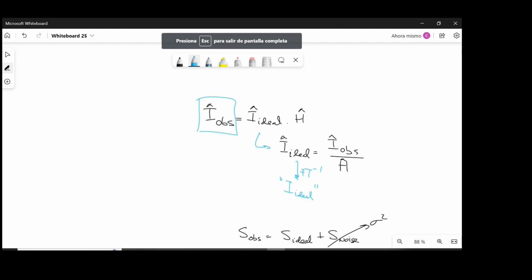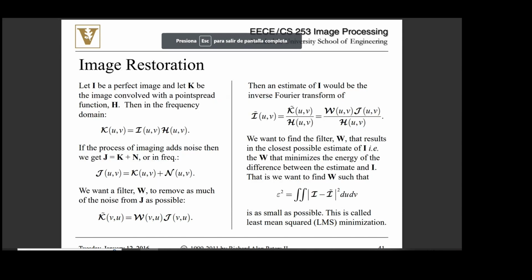Okay, so can I do something similar now? Let's put a few names here. Let us call the convolution between the two, or the multiplication in Fourier space, K. So our image formation is: the observation is K plus the noise. Given my observation, can I try to estimate K?